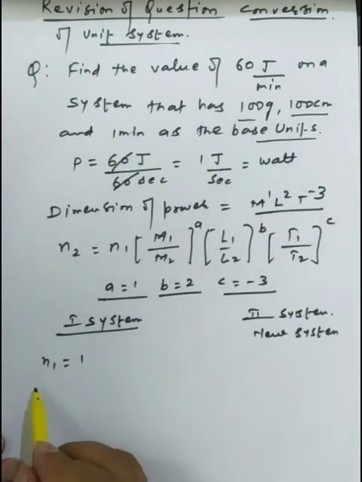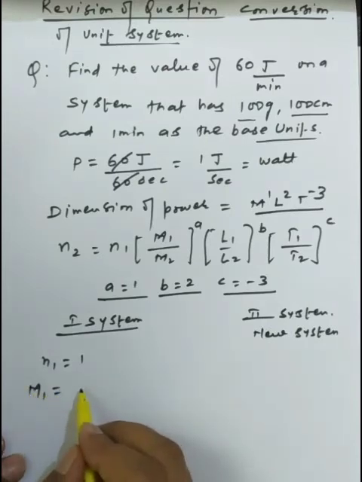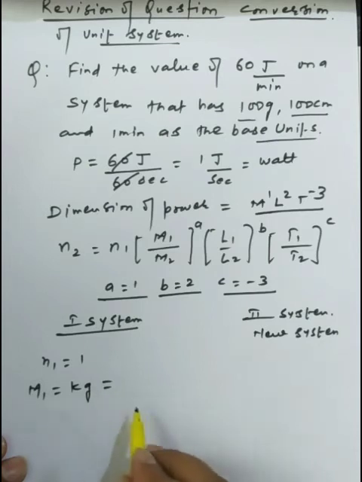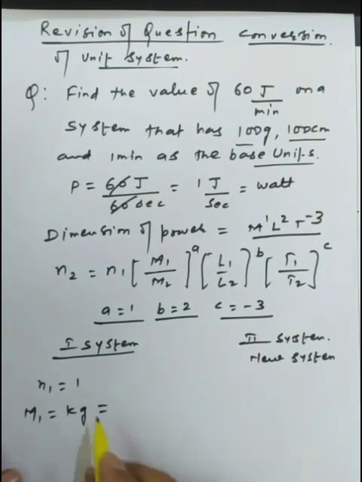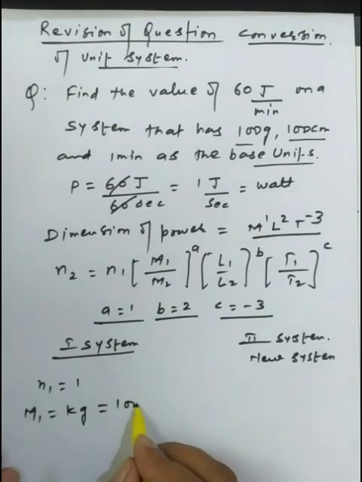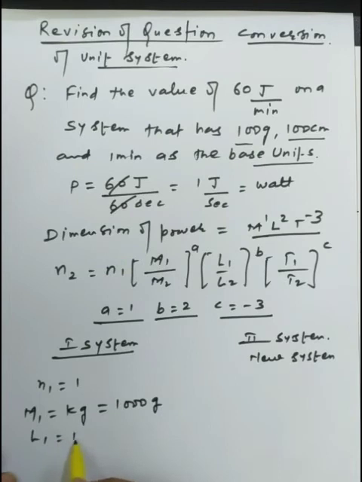So the magnitude of power is 1, and we have M1. We know joule upon second is the SI system, so M1 is in kilogram, and we should convert it into gram because the desired system has mass in gram. So we are converting it into 1000 gram. Okay, now L1 is equal to 1 meter, that is 100 centimeter. Now T1 is equal to 1 second we have.